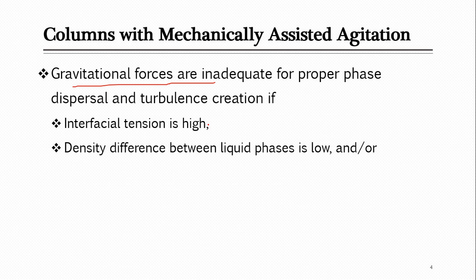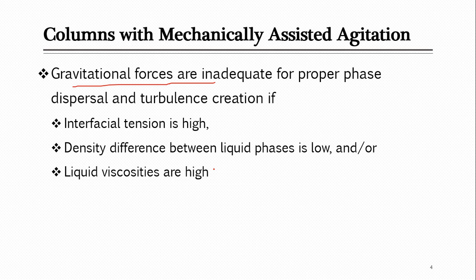But in such a case, when this density difference is low, there will be a problem. And then liquid viscosities are high. You know that when liquid viscosities are too high, as yesterday we also discussed this point, mixing between two liquids will be very low, and definitely high viscosity.